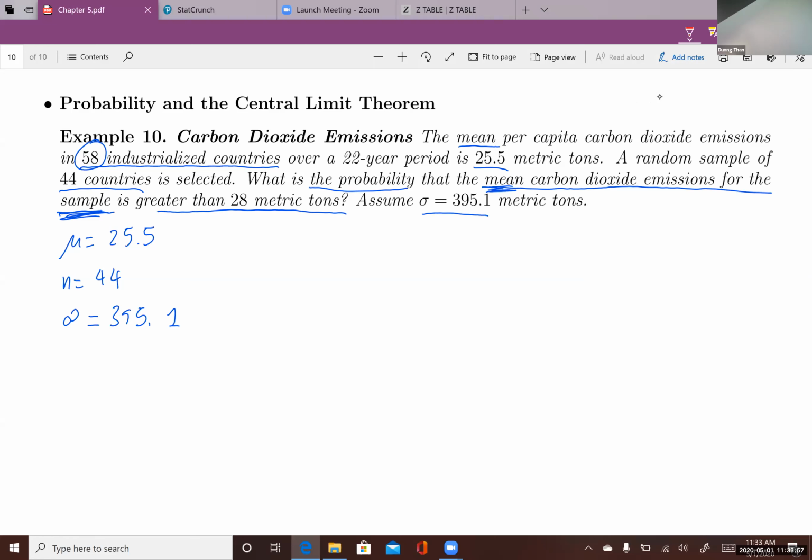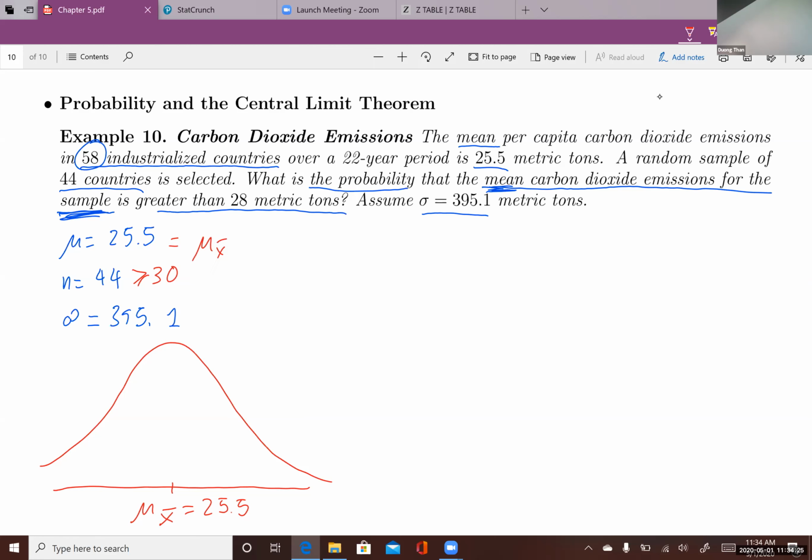If you want to look at the sampling distributions of the sample mean, since n is at least 30, then the sampling distributions of the sample mean is a normal distribution. And we know that the mean of this sampling distribution is 25.5, because it's the same as the mean of the population.